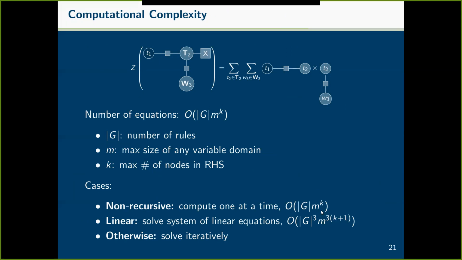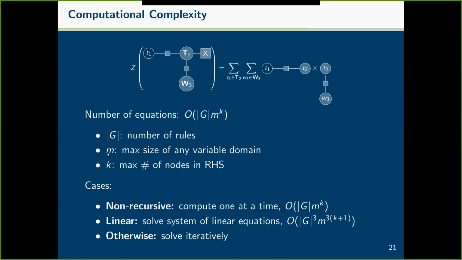What is the complexity of inference, you might wonder? Well, it's going to depend on how many equations we have in our system of equations. So we're going to have one equation for each left-hand side and one equation for each right-hand side. That's captured by this size of G, which is the size of the grammar, the number of rules. And then for each rule, we make a bunch of copies of it depending on how many assignments there are to the external nodes.